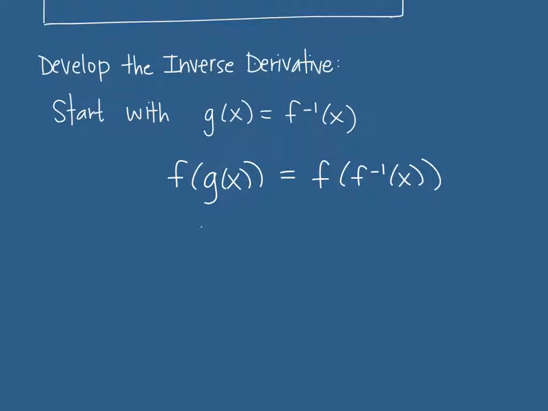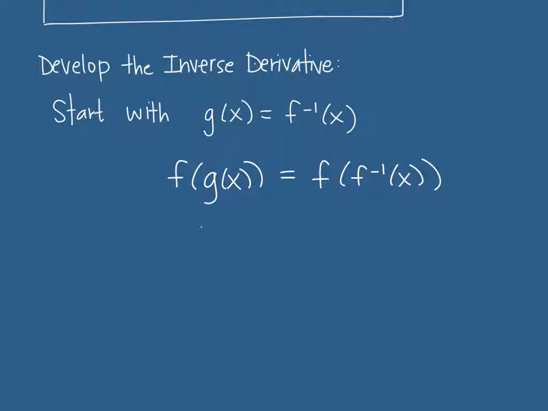Does anything happen when I do that? The right side can simplify. f as a function, when it combines with f inverse, the two negate each other. It's like taking a step forward and taking a step back. You end up right back where you started. That works with any inverse.